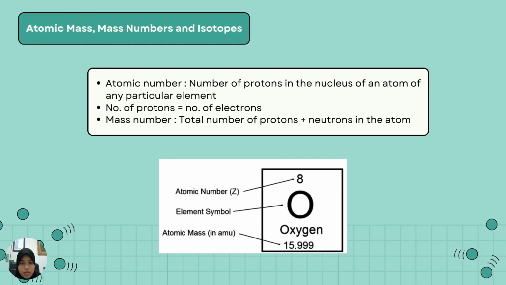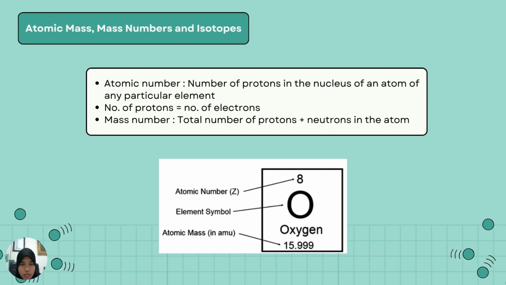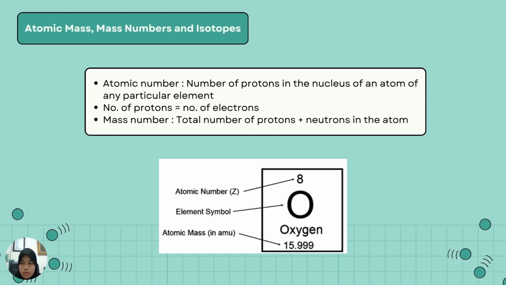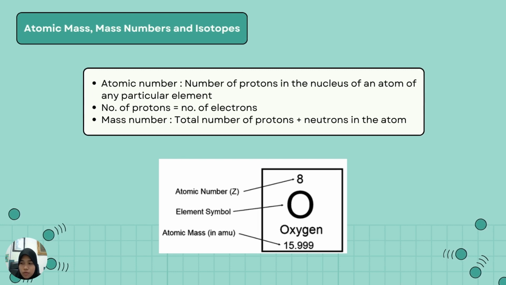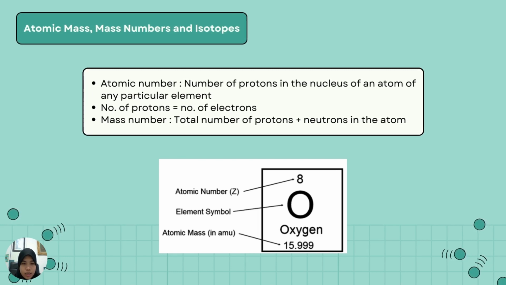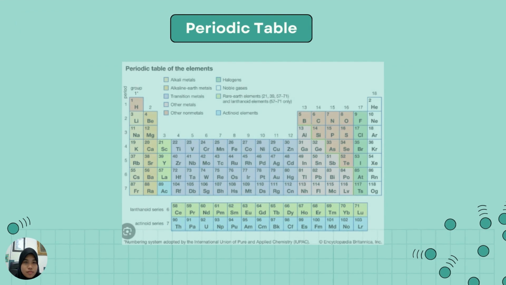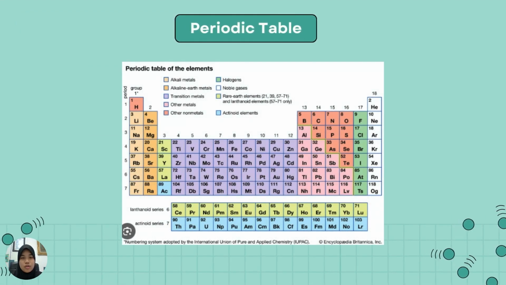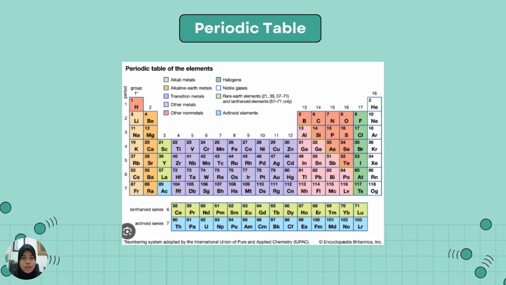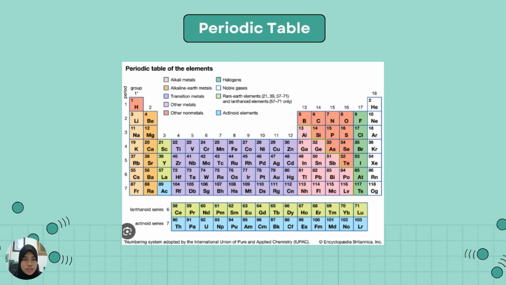In the picture below, you can see that the element symbol for chemical elements normally consists of one or two letters. Then it has the atomic number and atomic mass. Okay, so this is an example of the periodic table of the elements.